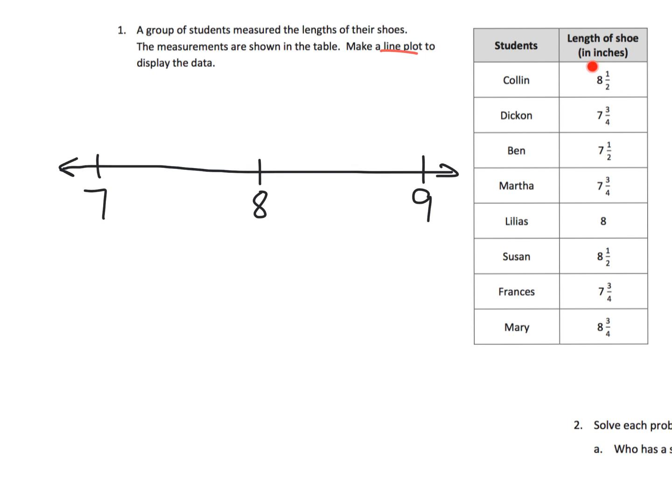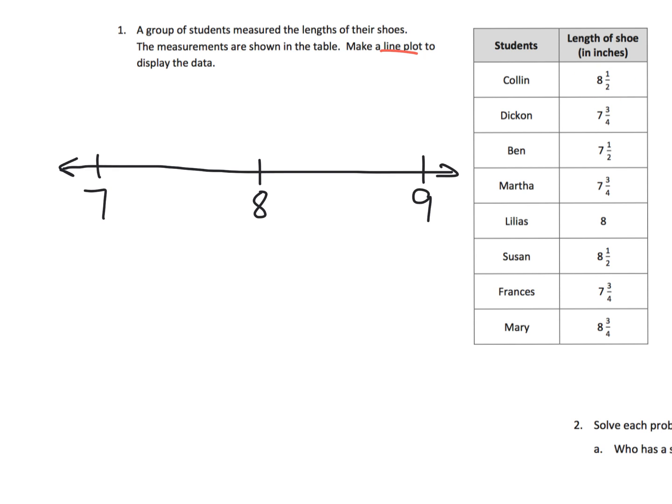I tend to look for the fractions that have the largest unit sizes. In this case, it's the halves, because those denominators are the smallest, which means their fractional unit is going to be the largest. I tend to graph those first.